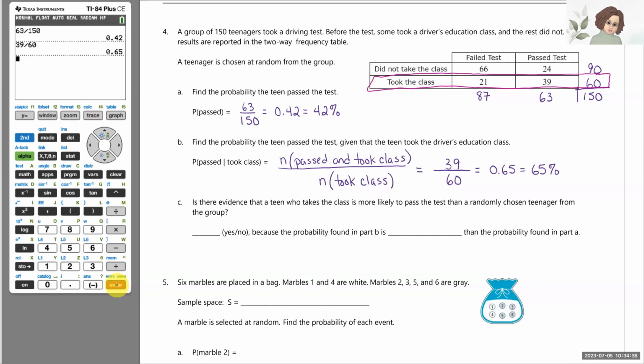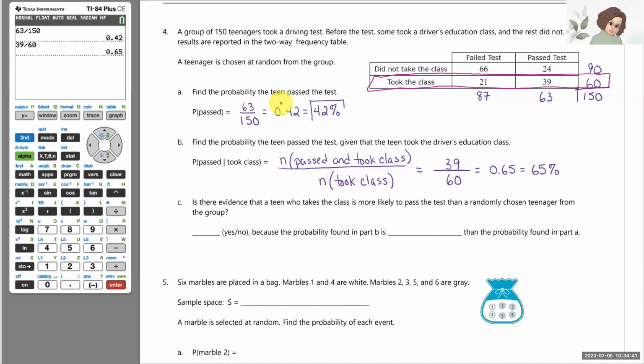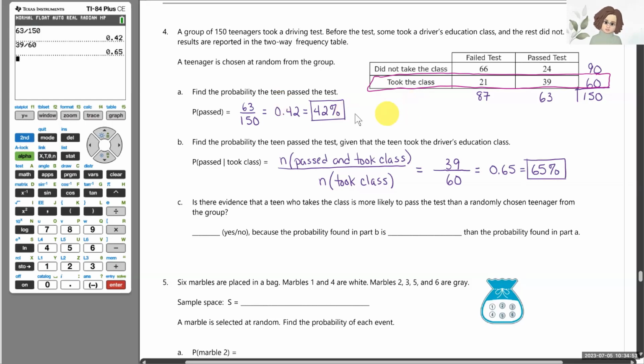So we do a little comparison. So I'm going to just box in. In general, there was a 42% chance a teen passed. But if we just look at the people that took driver's ed, that probability of passing jumps up to 65%. So it's looking like there's a pretty big percentage increase there among students that did take driver's ed.